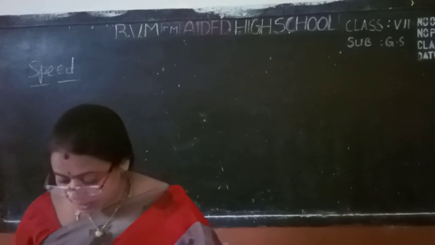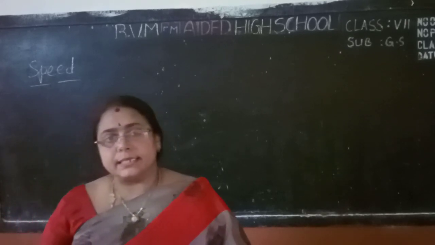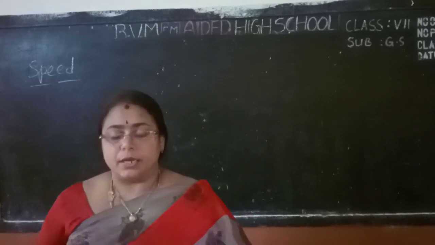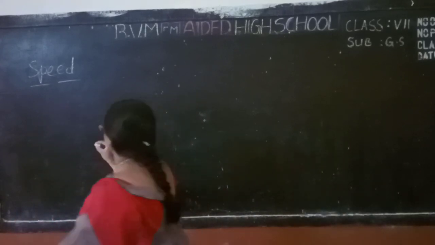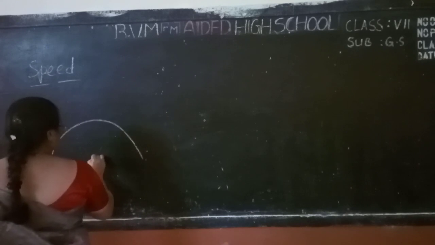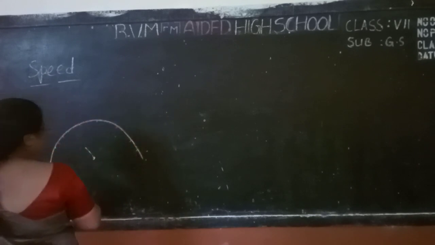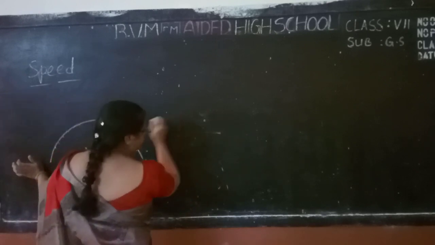You may have observed the speedometer in motor cars and on bikes. They are circular in shape. The needle moves like that. The scale is here. This is called a speedometer.